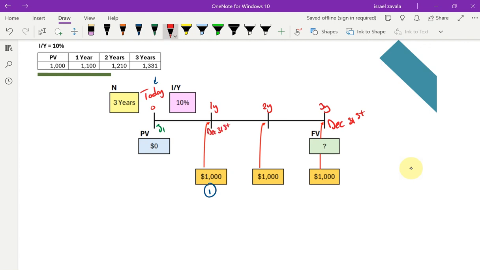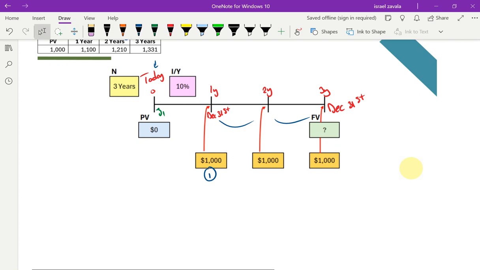We said, okay, I'm going to make a payment, but I'm going to start at the end of the year, right? So how many times does this $1,000 compound? Well, it compounds once. It compounds twice, okay? So what is the value of $1,000 compounded twice? It's 1,210.